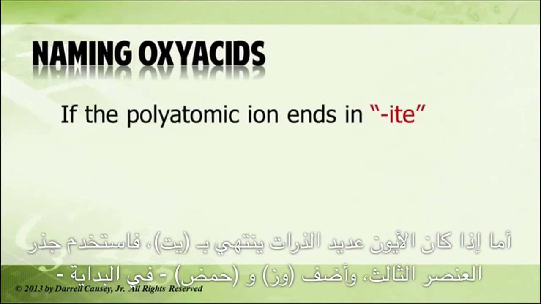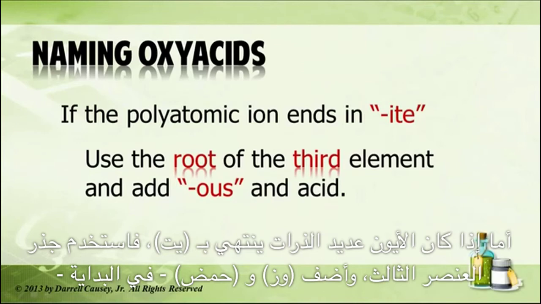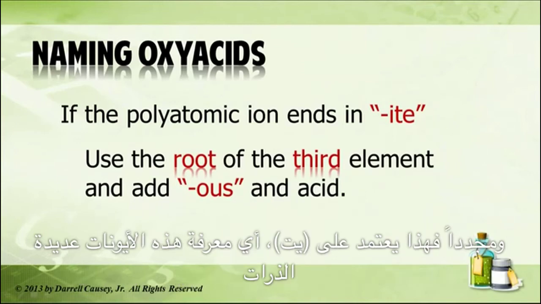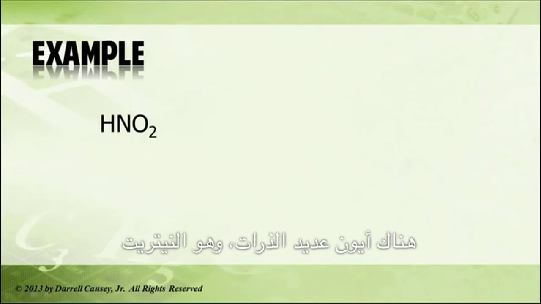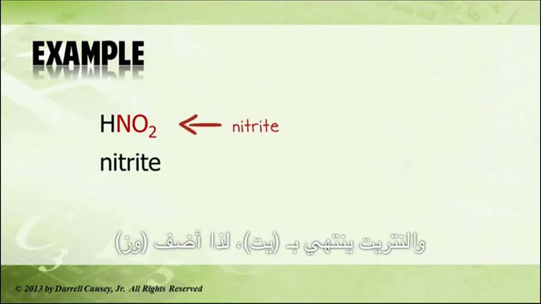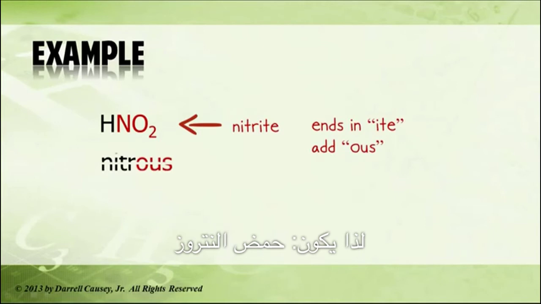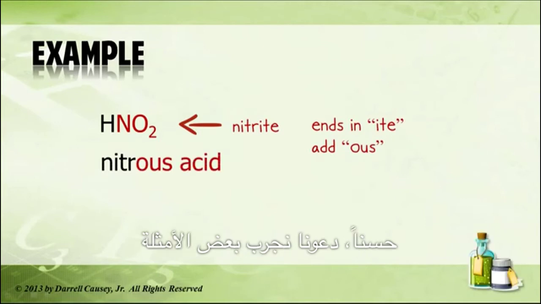If the polyatomic ion ends in ITE, use the root of the third element and add OUS and acid. Again, it depends on knowing those polyatomic ions. Let's do an example. HNO2, there's our polyatomic ion, nitrite, and nitrite ends in ITE, so add OUS. So nitrous acid.